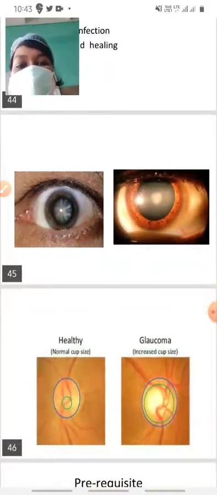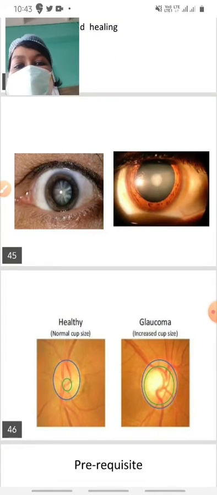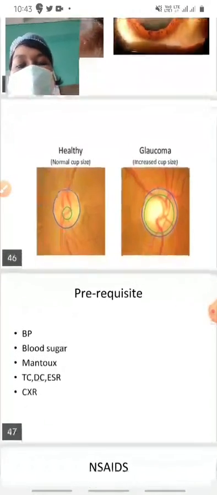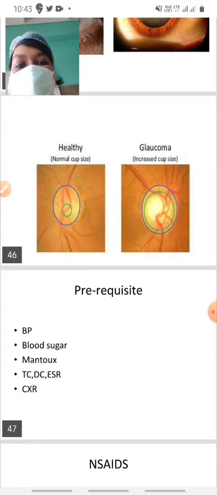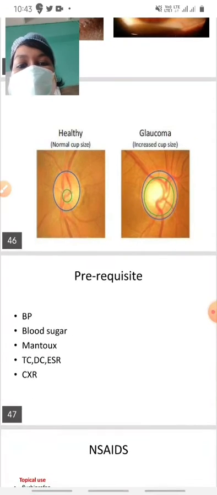So this is the picture of a patient who has instilled steroid drops and taken steroid medications, and he has come up with opacification of the lens. So he has developed a cataract. And this is a picture of a glaucoma cup. This is what we see when we do a direct ophthalmoscopy. In cases of glaucoma patients, we can find an increased cup disc ratio.